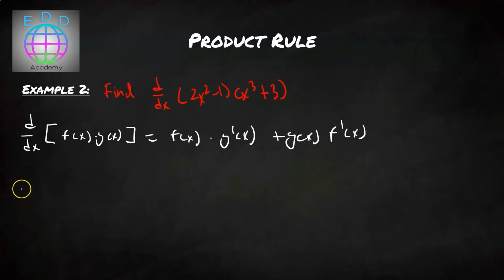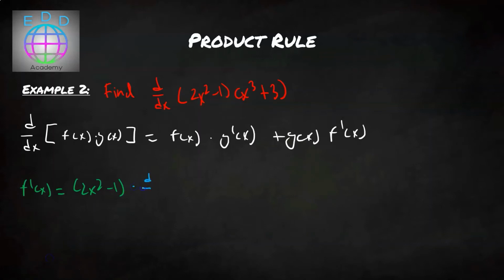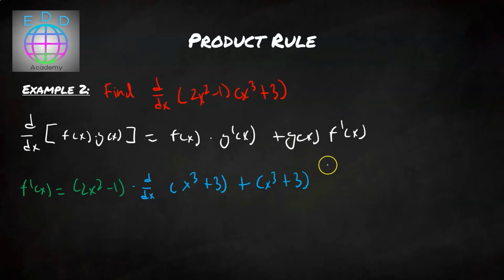So f prime of x equals 2x squared minus 1 times the derivative of g of x, so times the derivative of x cubed plus 3, plus just regular x cubed plus 3 times the derivative of f of x, so times the derivative of 2x squared minus 1.